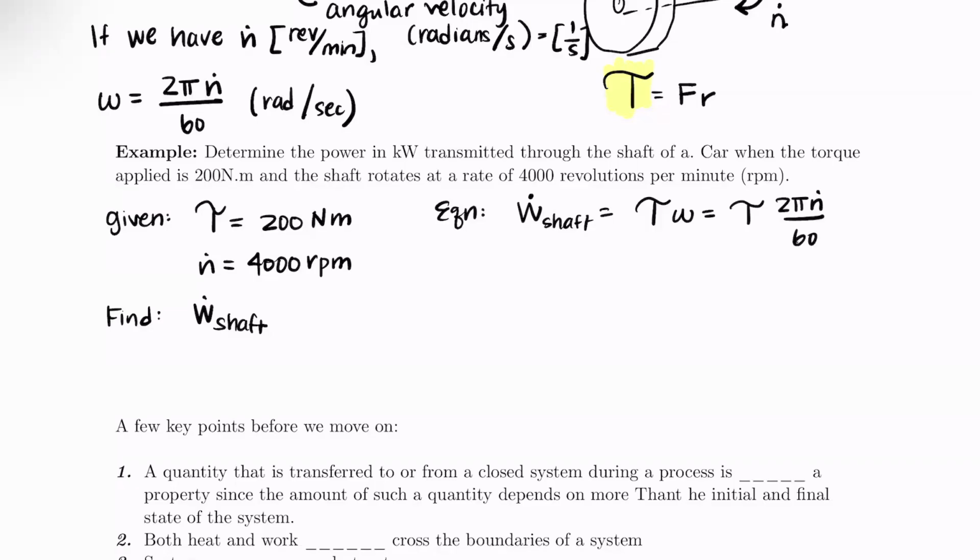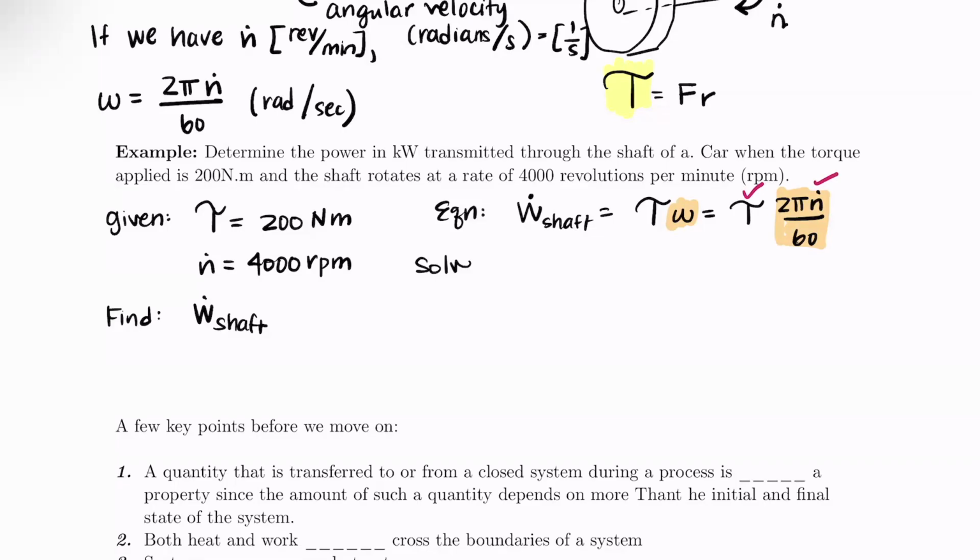All right, so I'm just doing omega is equal to this, since we are given n dot, right? Okay, so we are given torque and we're given n dot, so we have everything that we need to solve this. So let's do it.